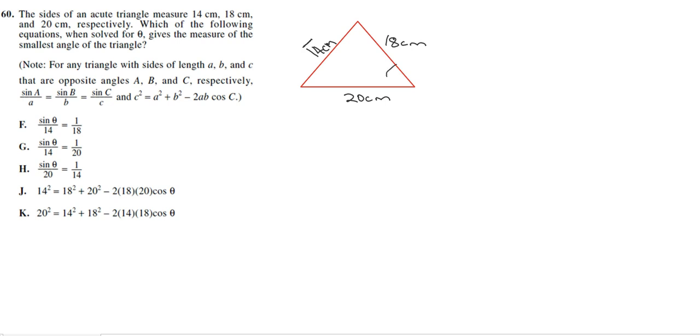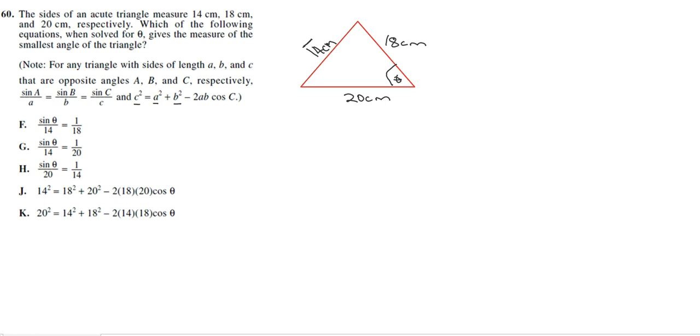So this is going to be the angle we're looking for. So generally this is the cosine rule, because you have three sides and an unknown angle. In the cosine rule, we can see that we have three sides and an unknown angle.